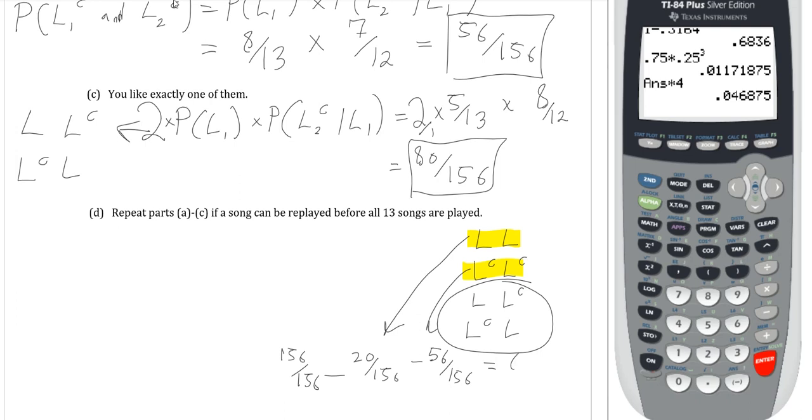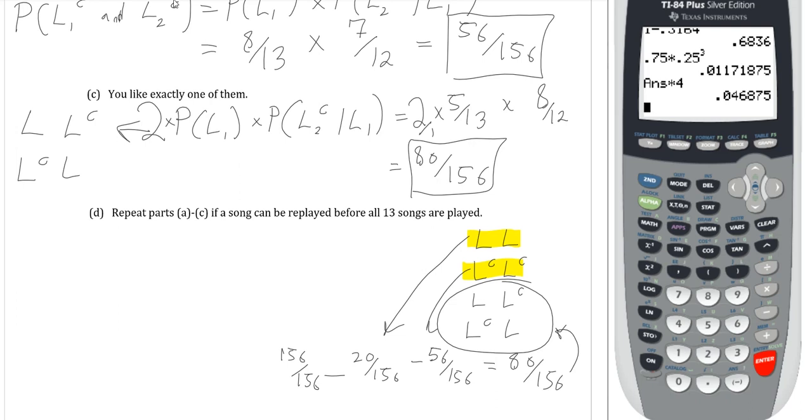And what I would get is 80 out of 156, which would be the solution that we just solved for. So that's another way that you could have solved that problem using complements. Some people see things different ways, so it depends on how you want to go about it. Sometimes the direct way works, sometimes the indirect way can help a lot as well.